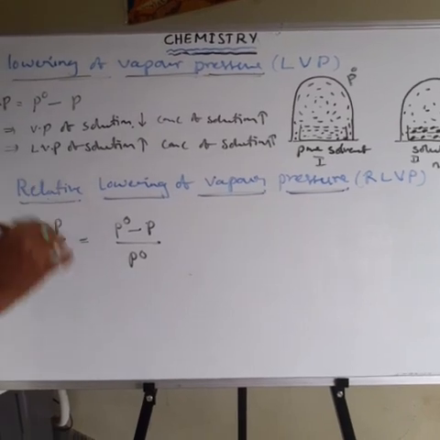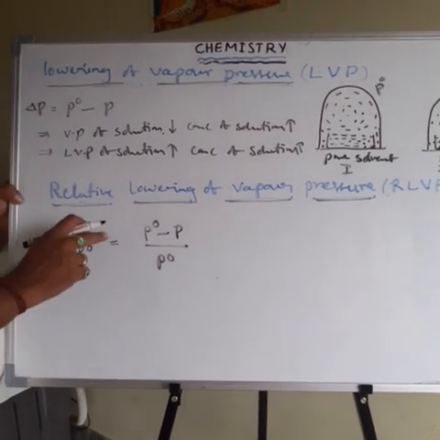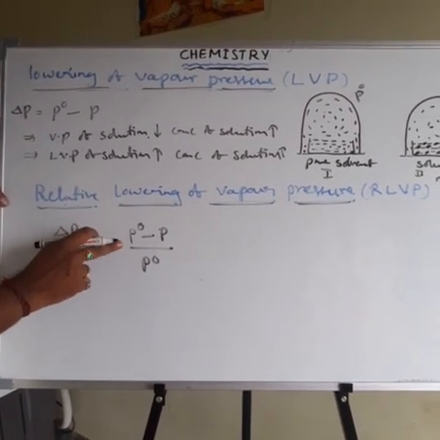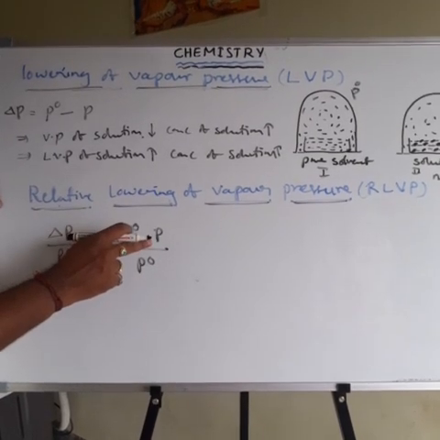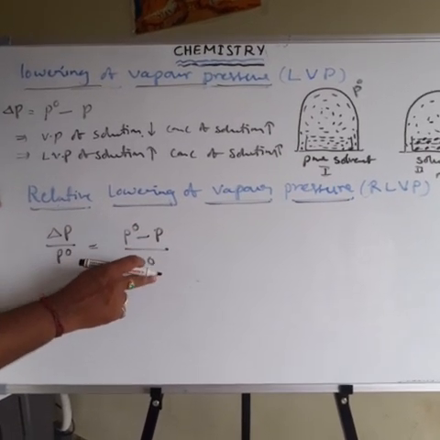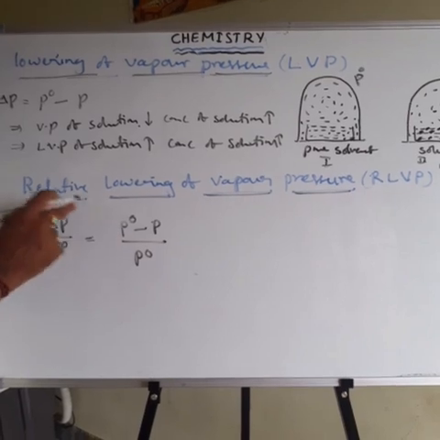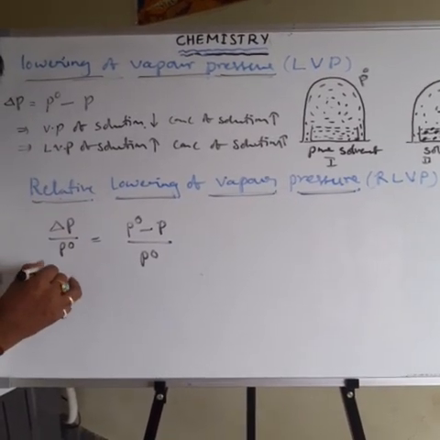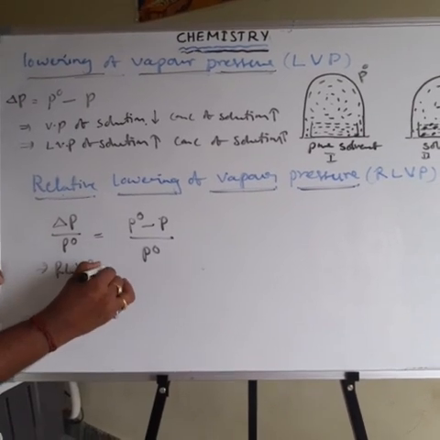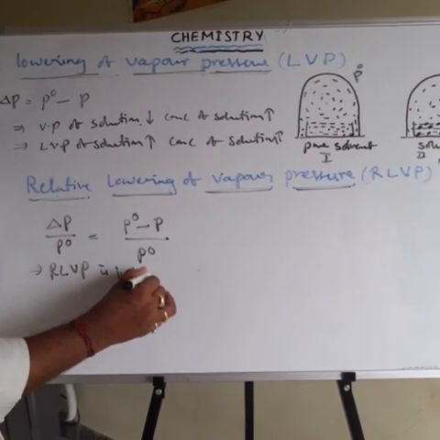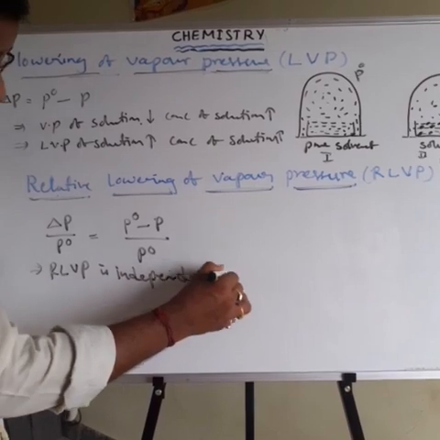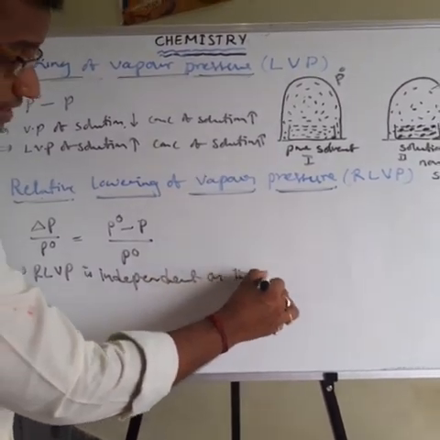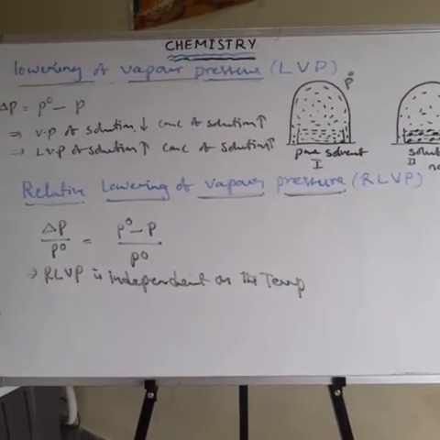So once again, relative lowering of vapor pressure means the ratio of lowering of vapor pressure to the vapor pressure of the pure solvent. Here is one more important point: the relative lowering of vapor pressure is independent of temperature.